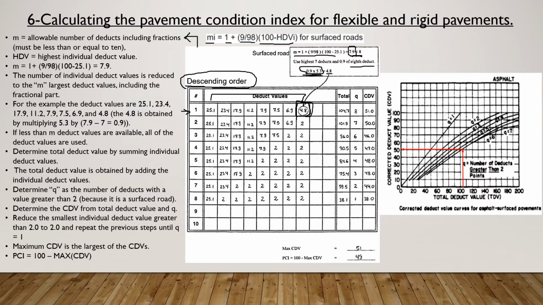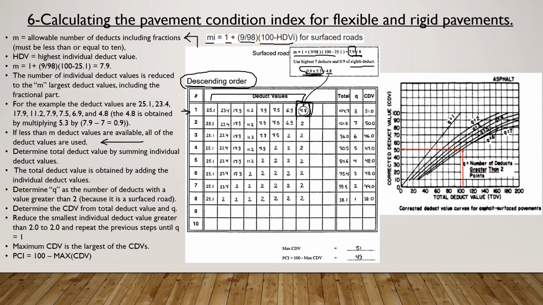So what if m is more than the number of deducts? We will use all the deducts without any correction or multiplication. As you can see here, if fewer than m deduct values are available, all of the deduct values are used.